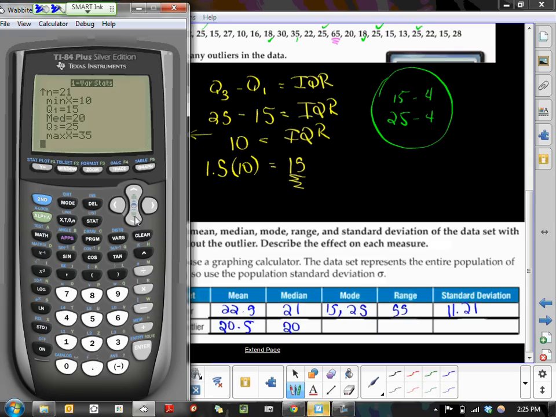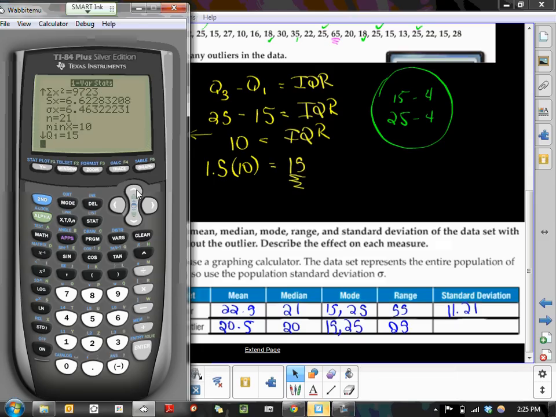The mode shouldn't change. It should stay 15 and 25, so we didn't remove any of those. Our range should be the difference between our max and our min, so now it's 35 minus 10, which is 25. And our standard deviation, again, go back and get your population standard deviation, which is sigma x, is 6.46.